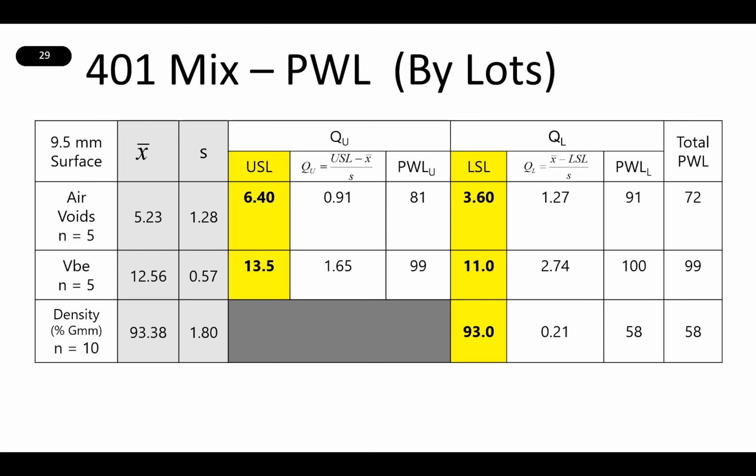These are then combined to come up with a total PWL. And again, don't get too worried about the math, because the total PWL will be given to you on the exam. Just be aware this is how it's calculated.